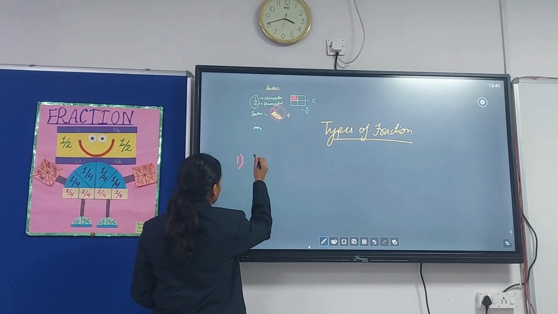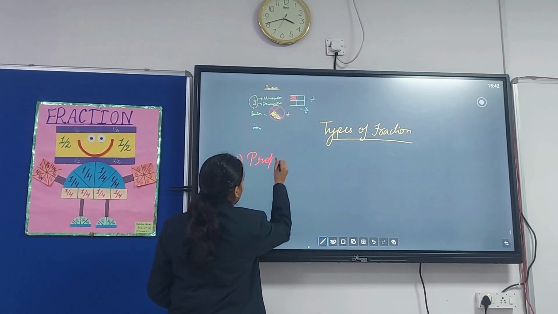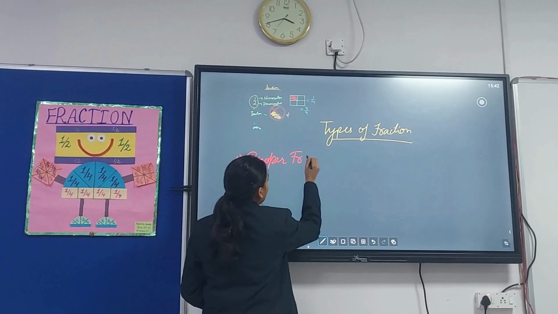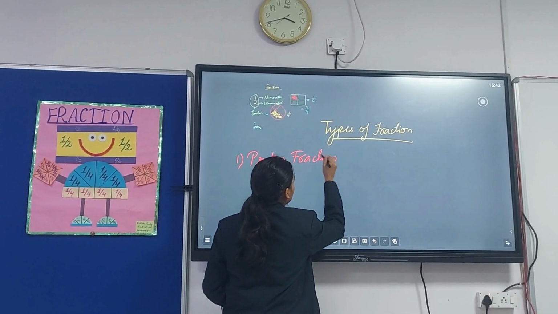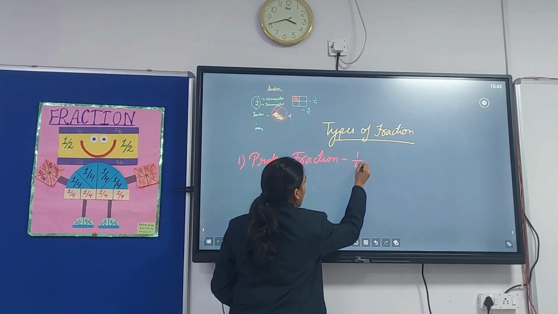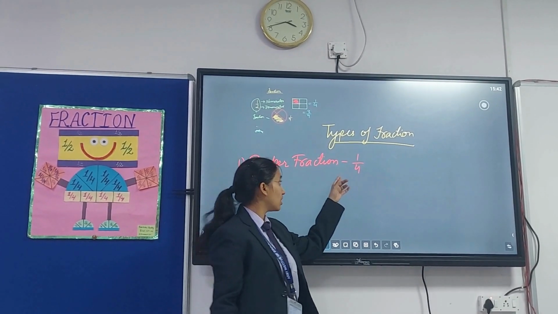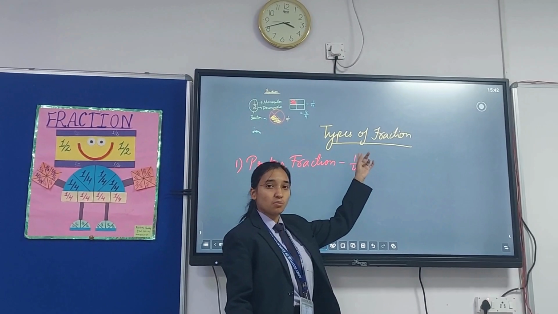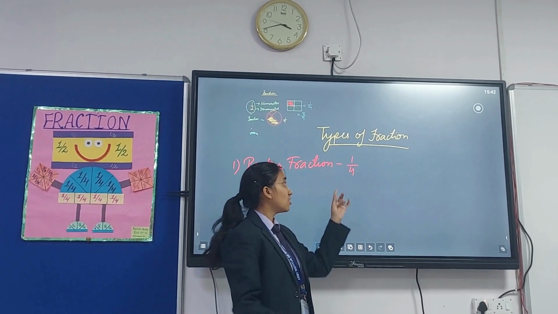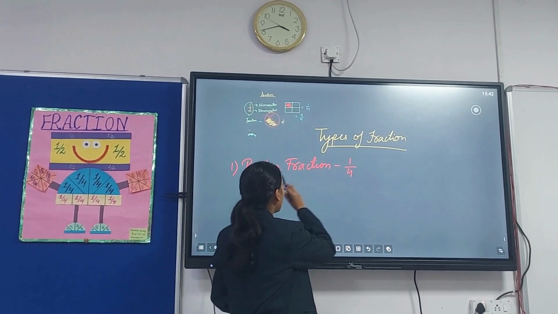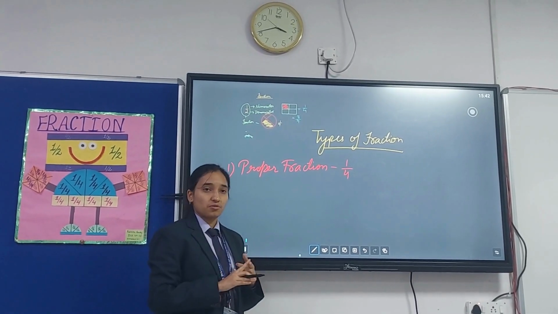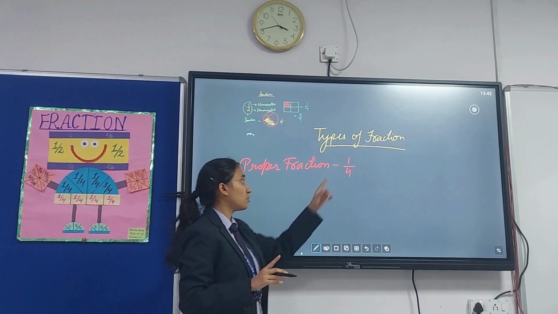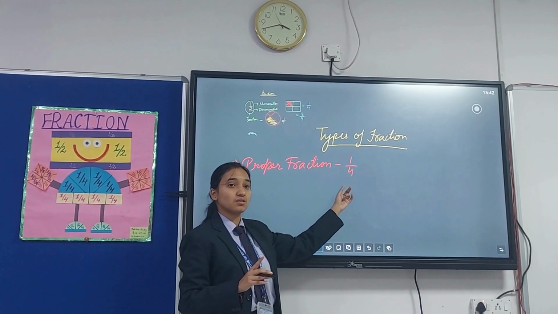Suppose I have a fraction 1 by 4. Okay, this is a fraction. Here the numerator is smaller and the denominator is bigger. So this type of fraction is called proper fraction. So the proper fractions are those fractions where the numerator is smaller and the denominator is bigger.